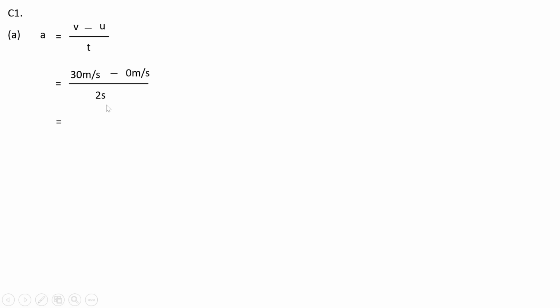When you evaluate this, 30 meters per second minus 0 is 30 meters per second, then divided by 2 seconds, you get 15 meters per second squared as the answer.